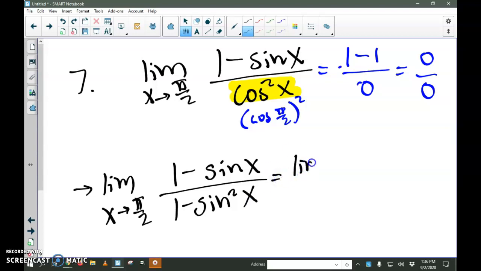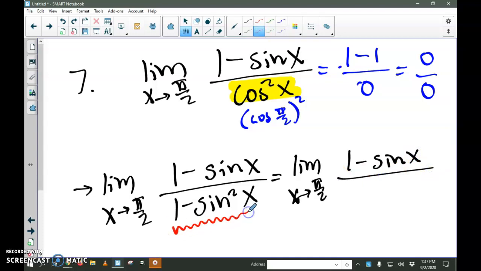Why would you do that, Hassler? Well, because I have lots of experience and I can see what the answer should be. All right. Because the denominator is a difference of perfect squares. This right here is a difference of perfect squares, which we saw yesterday with normal terms, x squared and 25. But I can factor this into 1 minus sine x and 1 plus sine x.